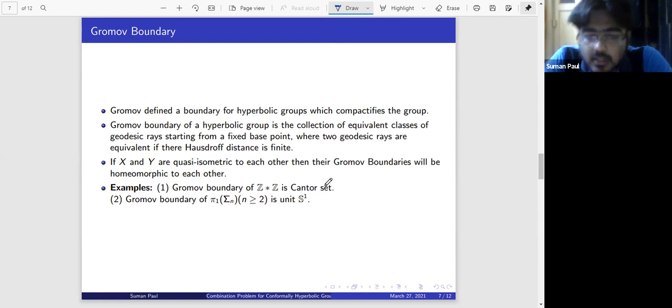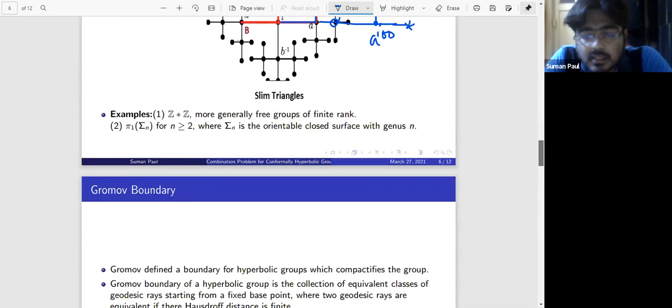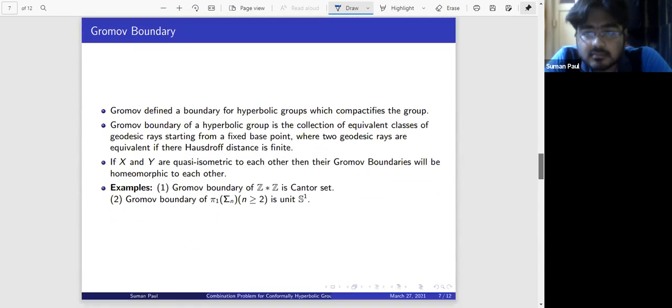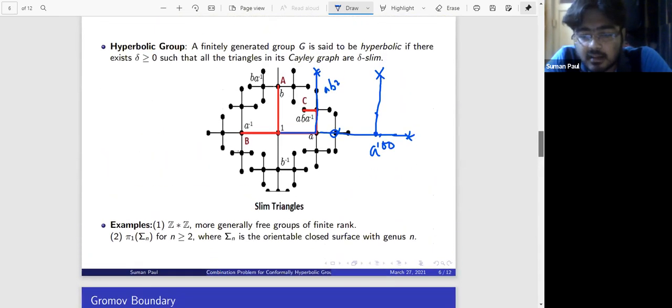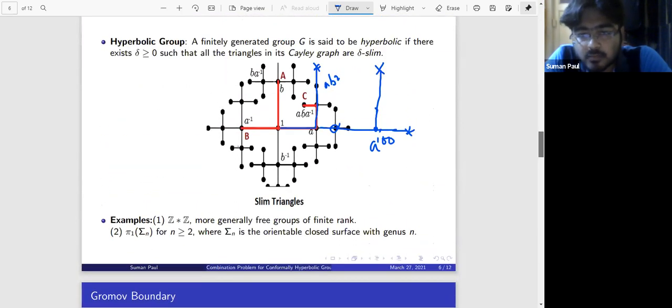So for example, the Gromov boundary of Z star Z, this Cayley graph, is a Cantor set. As you can see, these are totally disconnected, and if two geodesic rays are parted far away from the identity, then the distance between them will be much smaller, and you can prove that it is a Cantor set.